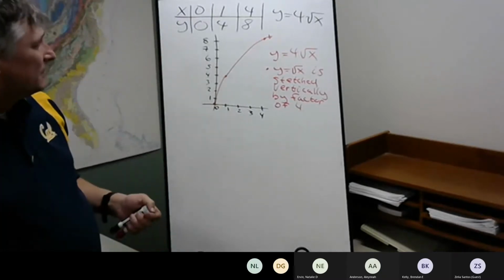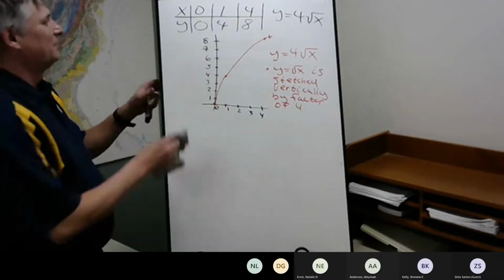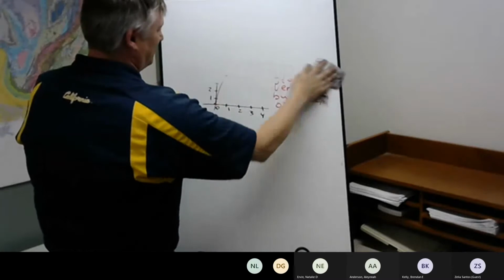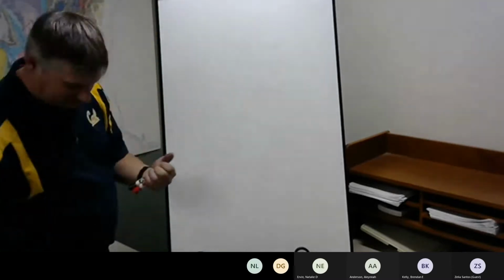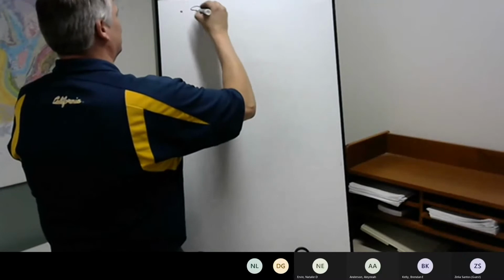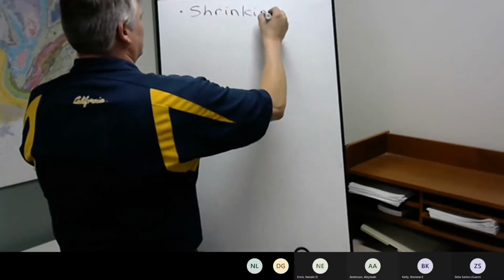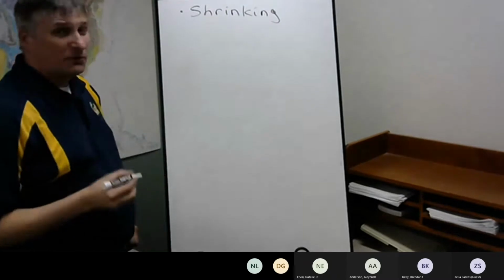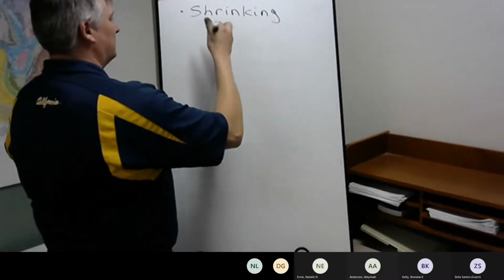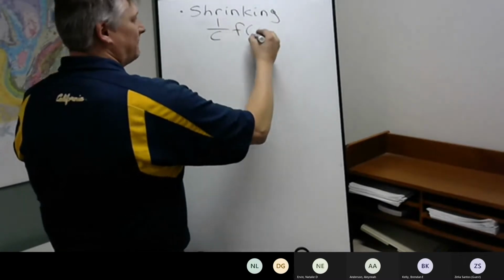All right. So now we're going to talk about shrinking. So for this one, we'll take 1 over c times f of x.